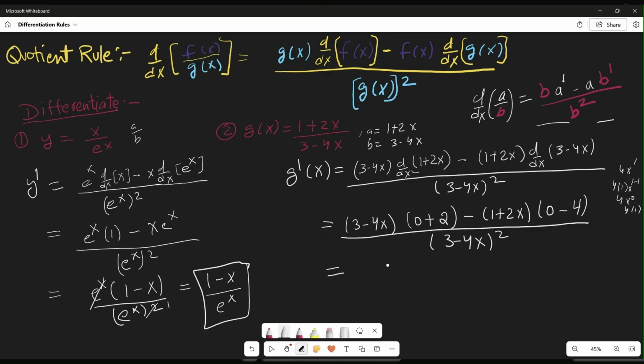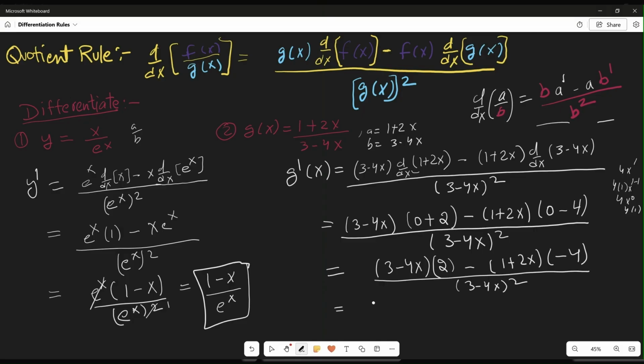Okay, we have 3 minus 4x times 2, minus 1 plus 2x times negative 4. Make sure we are paying attention to the signs, divided by this.